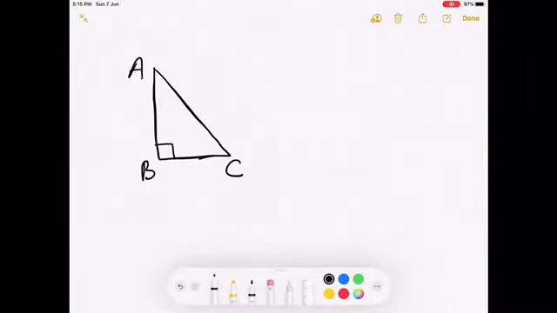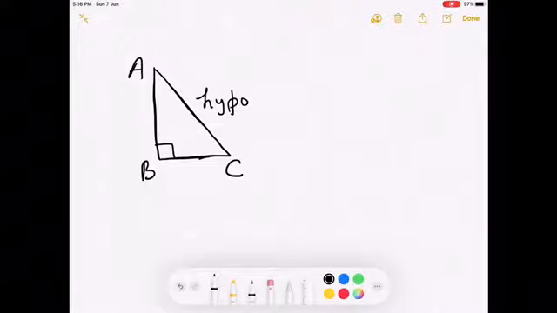Angle B is a right angle in this triangle ABC. Now, as many of you will be knowing, the side which is opposite to the right angle is given a special name. It is known as the hypotenuse of the right angle triangle. In short we can call this H.